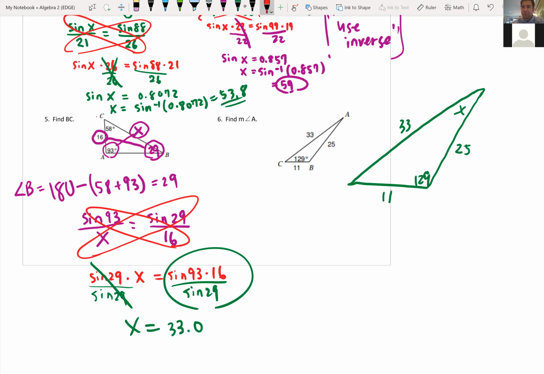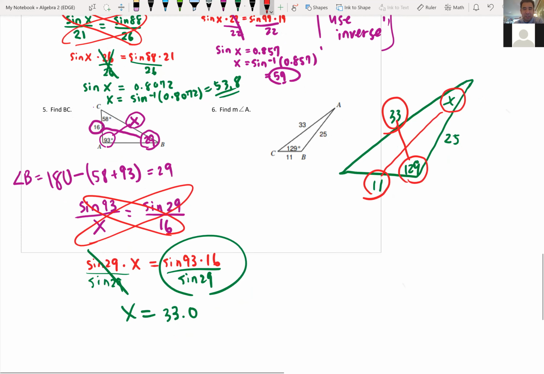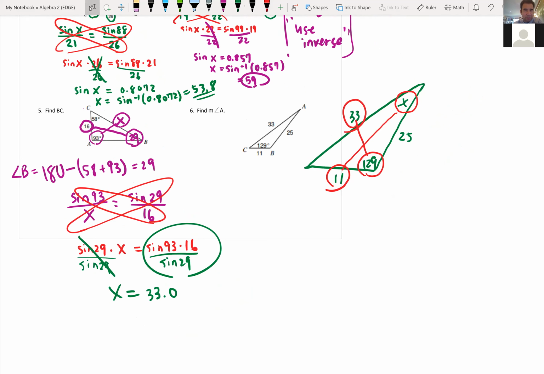So we've got angle, opposite side, angle, opposite side. You should not be using 25. That's an extra to confuse you, right? And testing whether you're using the right pair, okay? How do you set it up?